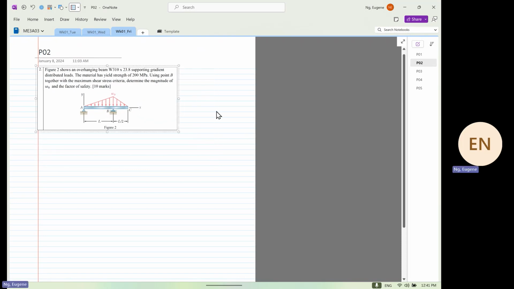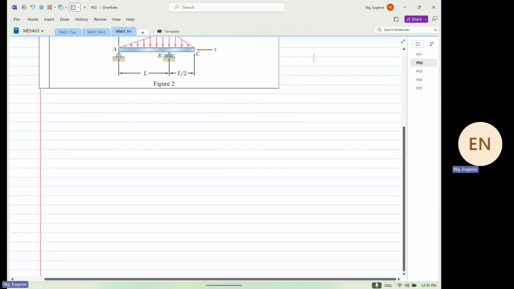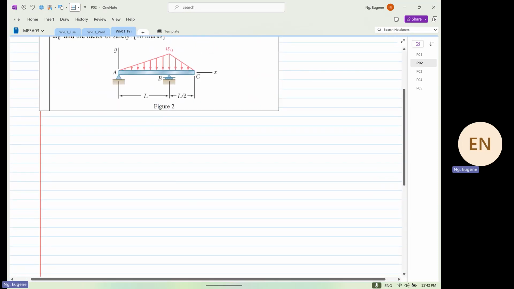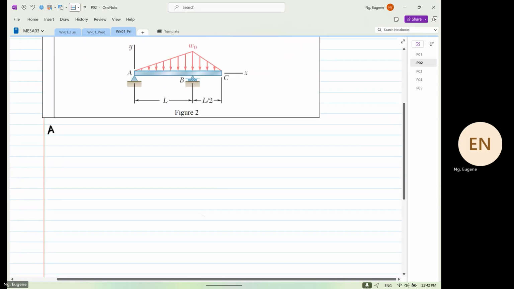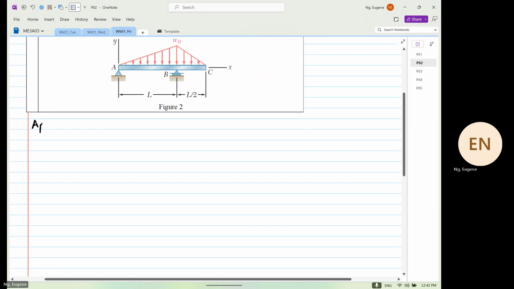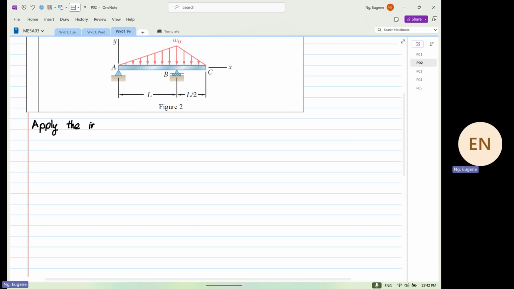So now, there are two techniques to derive this. I'm going to show you the technique that you are most familiar with. We are going to apply the integration method.